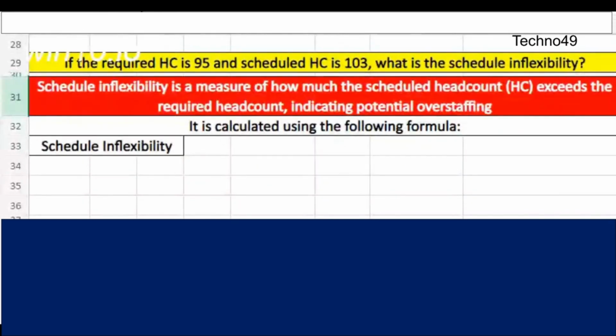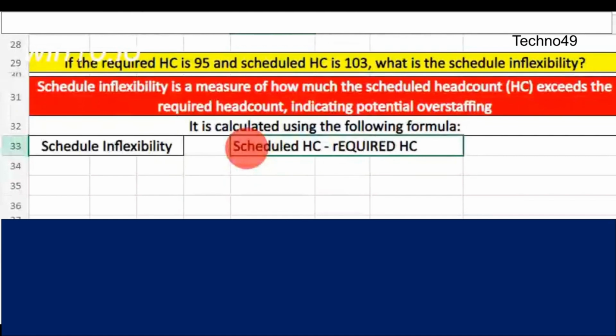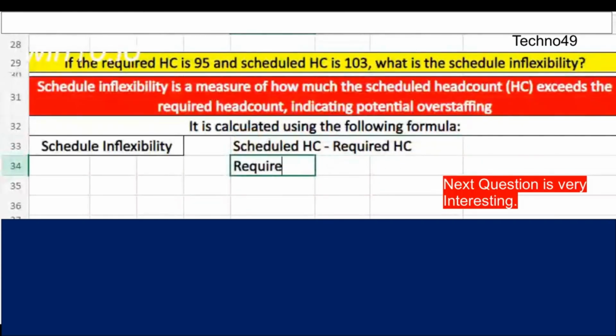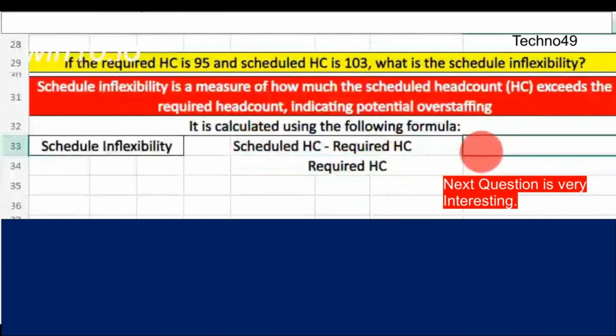Now to calculate the schedule inflexibility here, the formula would be: scheduled head count minus required head count, divided by required head count, and then multiplied by 100.